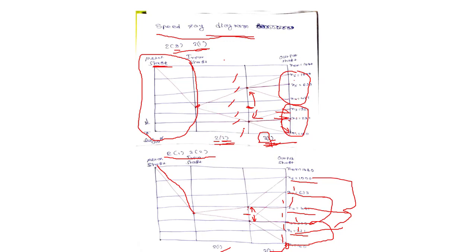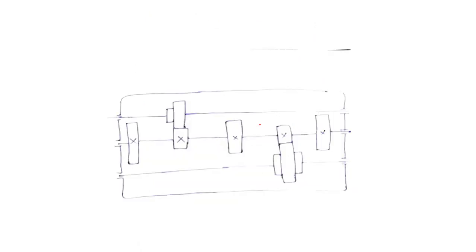And from that we can draw a kinematic diagram. We know the structural formula is 2 3 and 3 1, and the other structural formula is 2 1 3 2.